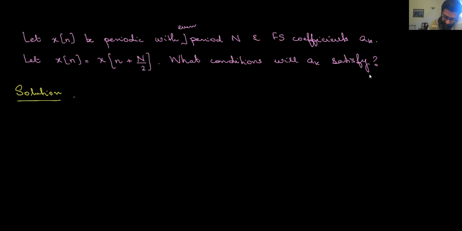Straightforward ये है कि since x of n equals x of n plus capital N by 2, this must mean that a sub k equals e raised to power j times k 2 pi by N times N by 2 times a sub k.